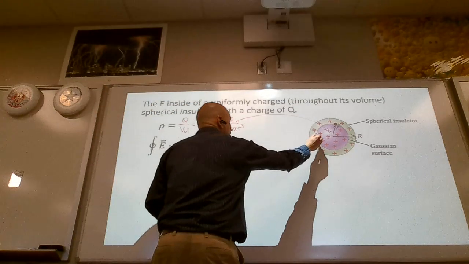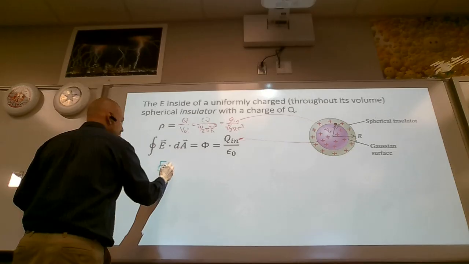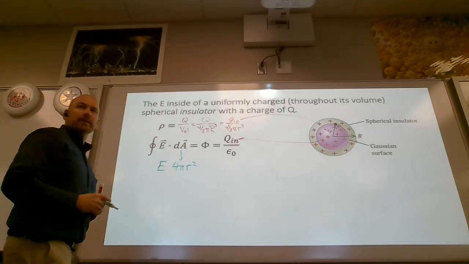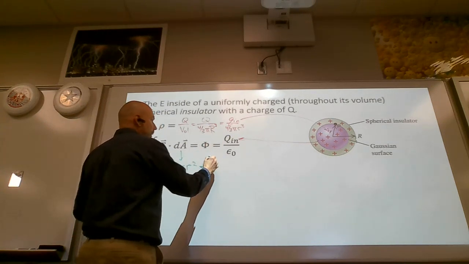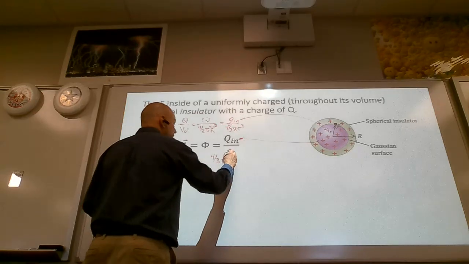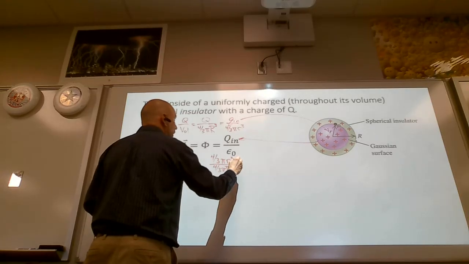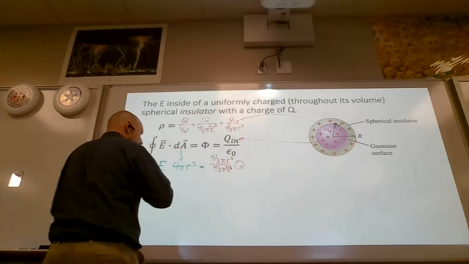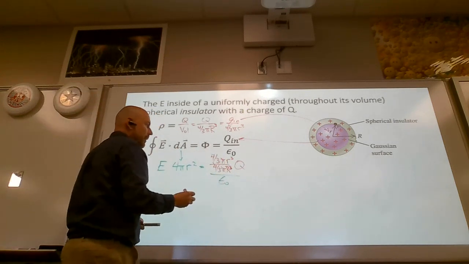So I have E times 4 pi lowercase r squared, because I'm looking at the surface area of the Gaussian surface. And then here I have 4/3 pi lowercase r cubed over 4/3 pi uppercase R cubed times Q over epsilon naught. And the 4/3 pi's go away.